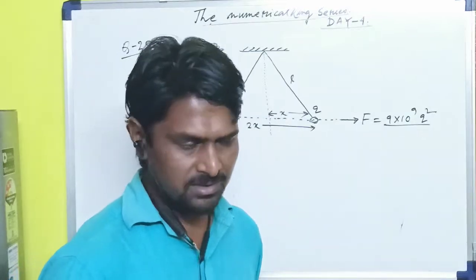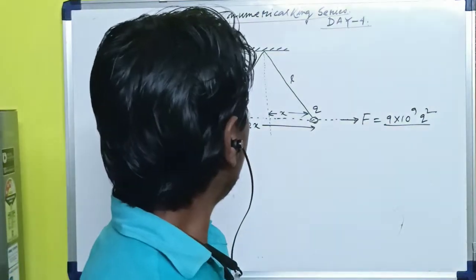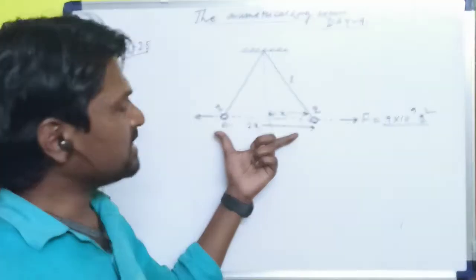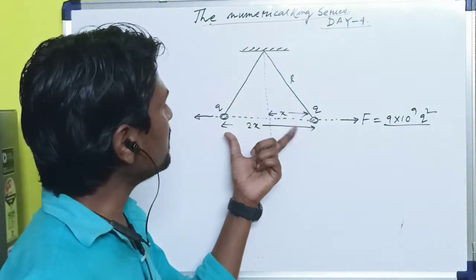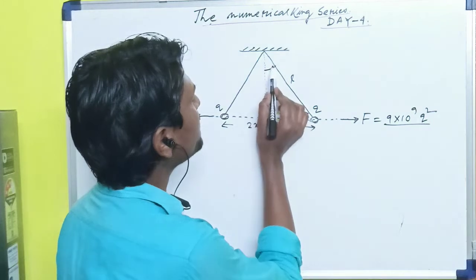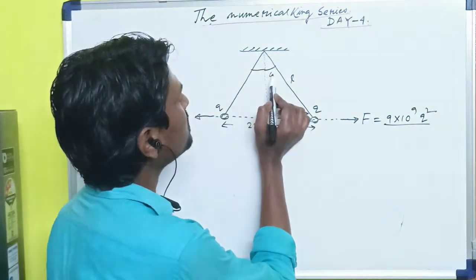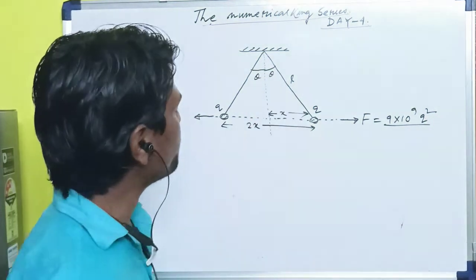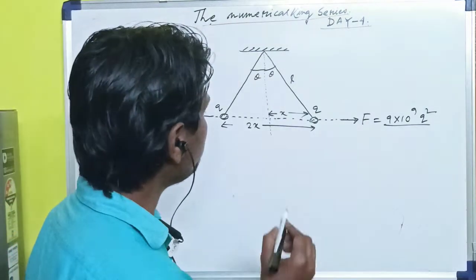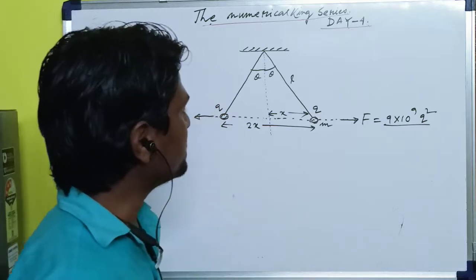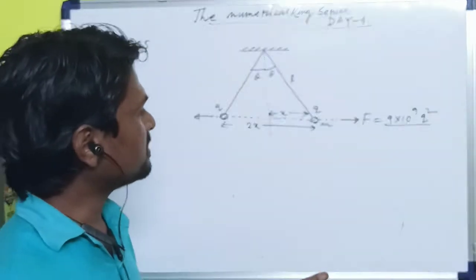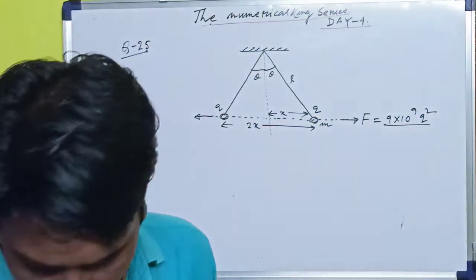The question is two pith balls are a small distance apart, and the angle between them is 2 theta. So this one is theta and this one is theta. And the mass of each ball is m.